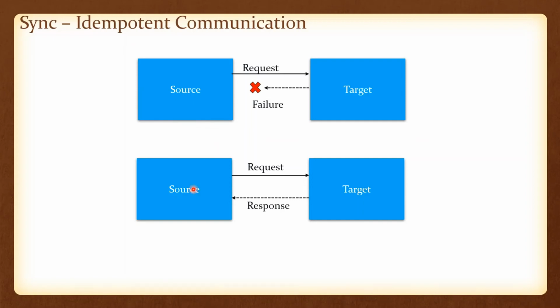In such cases, what we can do is have a message filter at the target system. When the request is received, the message filter can use an object store which keeps a track record of every request received, and it compares the new request with the previous requests.